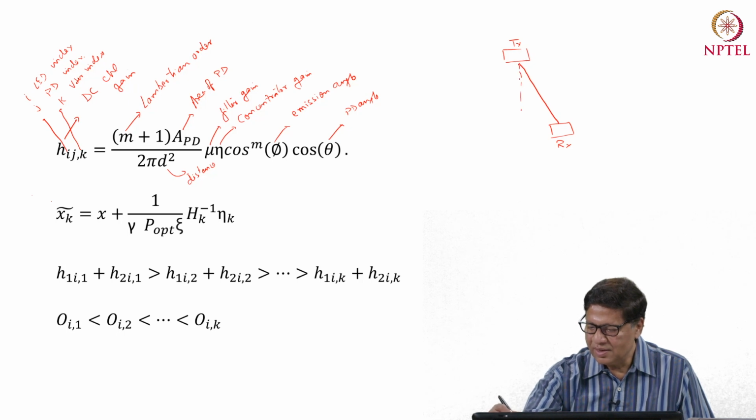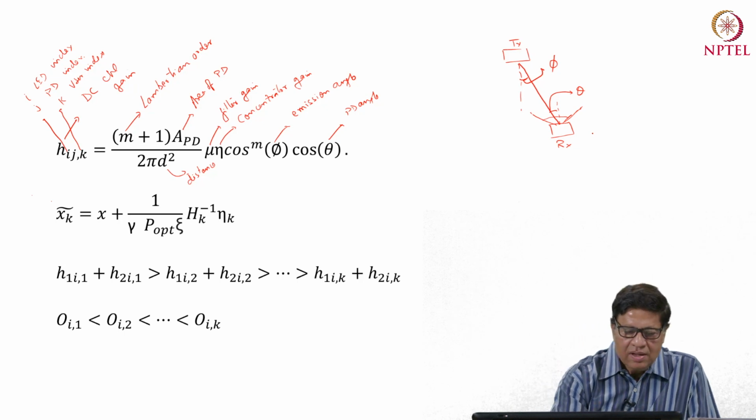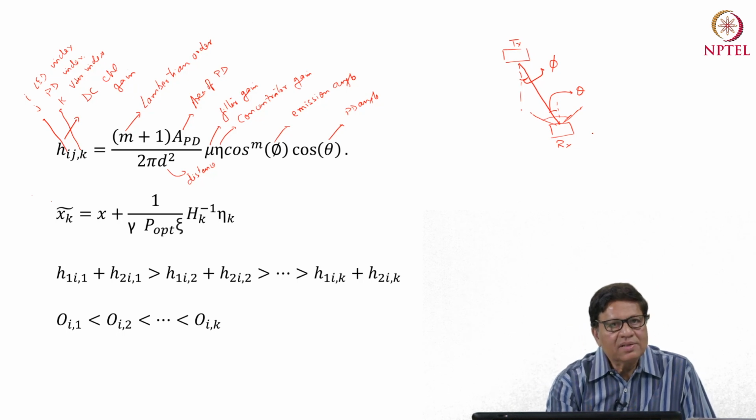The angle which the LOS path makes with the normal at the transmitter is phi, and the angle the normal makes with the LOS path at the receiver is theta. And this whole thing is the FOV, the field of view of the device, of the photodiode. So H_ijk, the DC channel gain, is given by this expression.